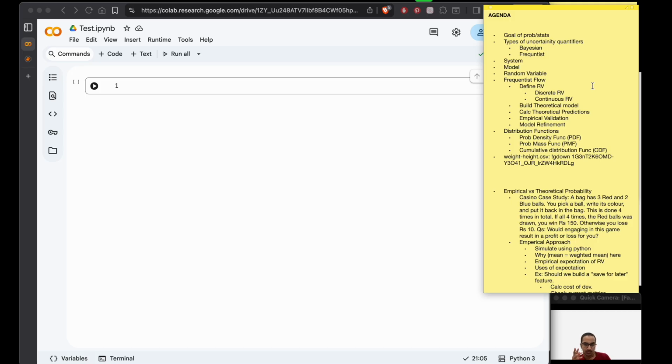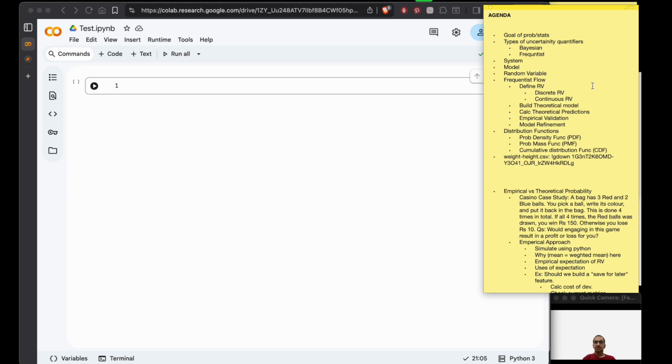Then we saw the two ways, the frequentist and the Bayesian way. We just briefly discussed the Bayesian way, and we looked at the frequentist flow on how to decide a random variable and how to quantify uncertainty in this method.